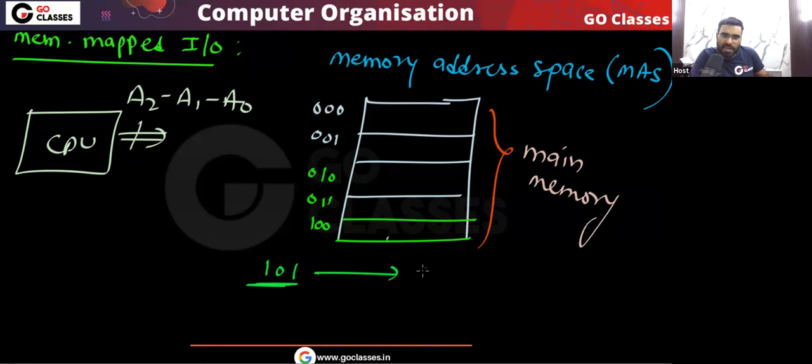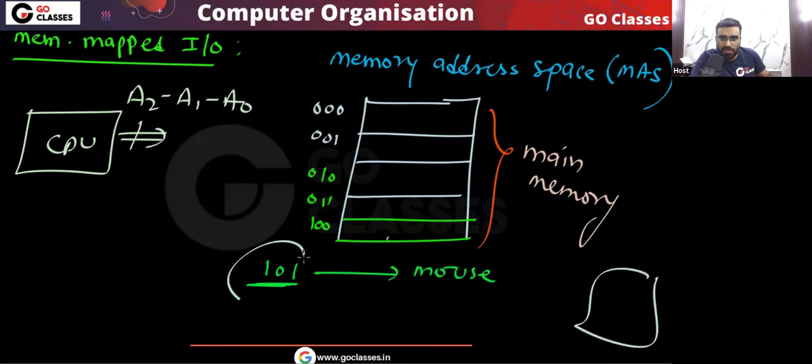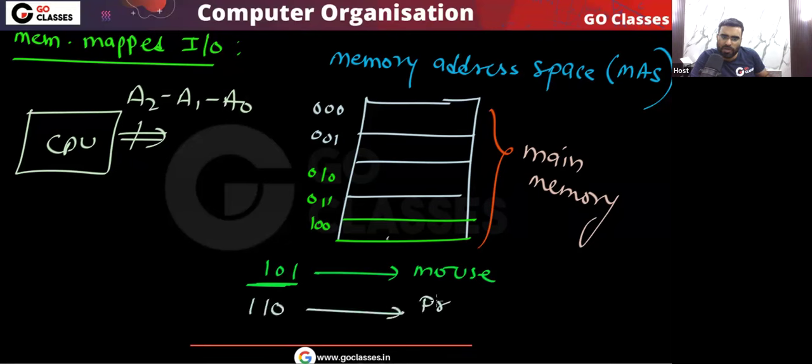For example, this is the address of the mouse. Let's assume there is a mouse here. Is this clear? Similarly, 110 is the address of the printer, and 111 is the address of the disk.